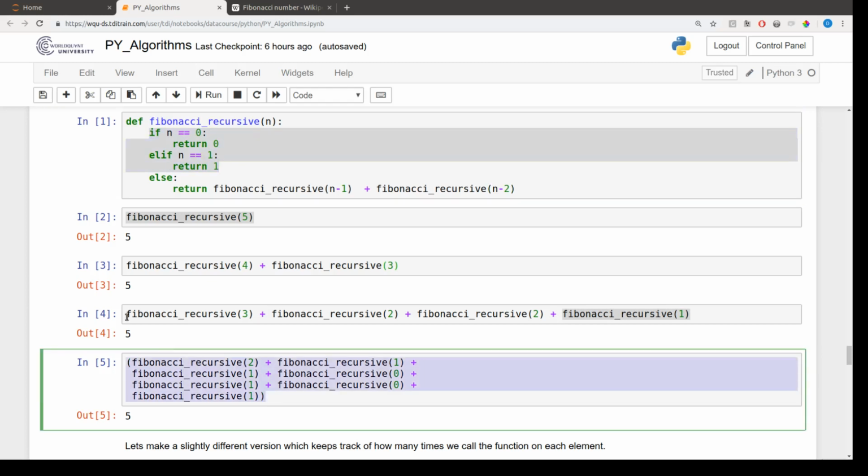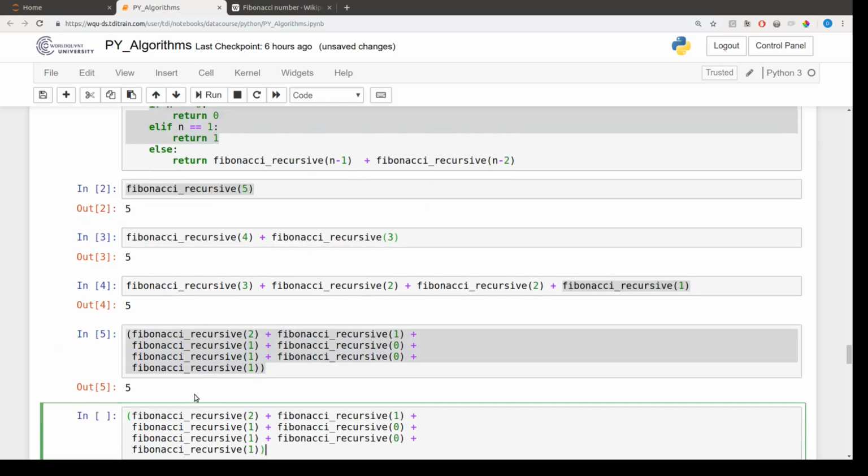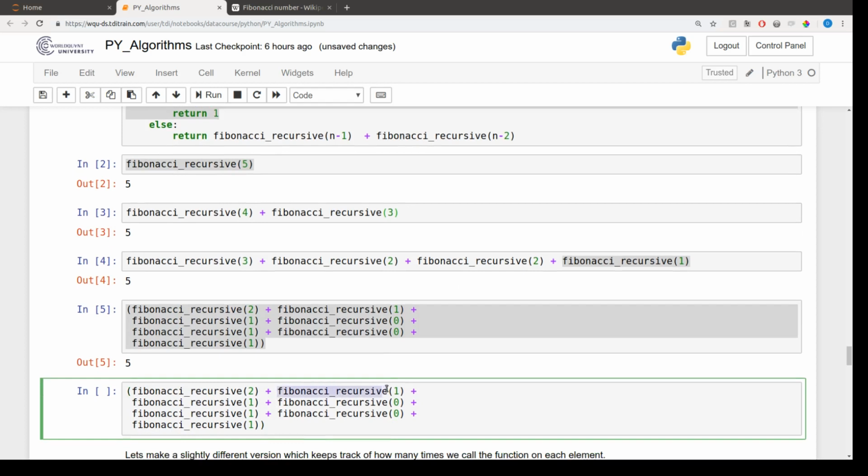What I'll do is replace these calls to Fibonacci 1 or 0 with the actual results, because these functions will just return 1 or 0.